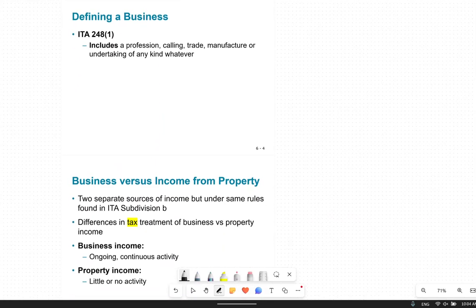So what is included when you have a business income? It includes a professional income, calling, trade, manufacture, or undertaking any kind of activity will be a business.